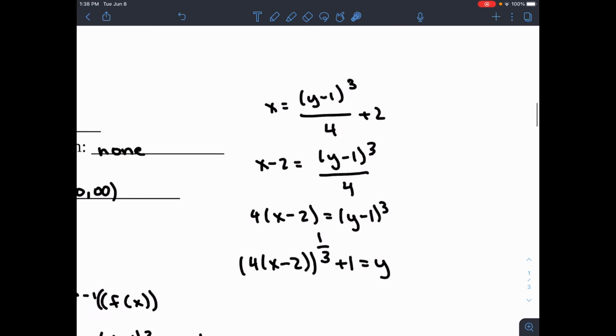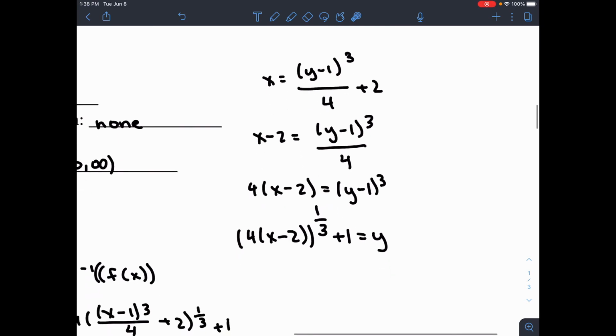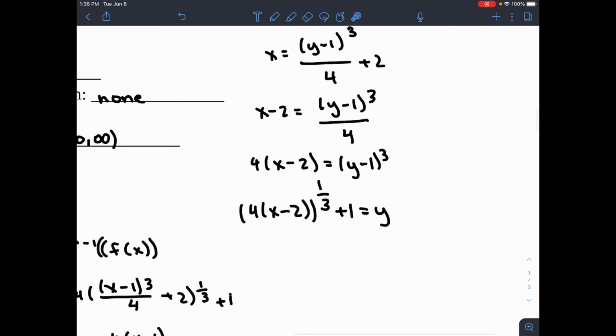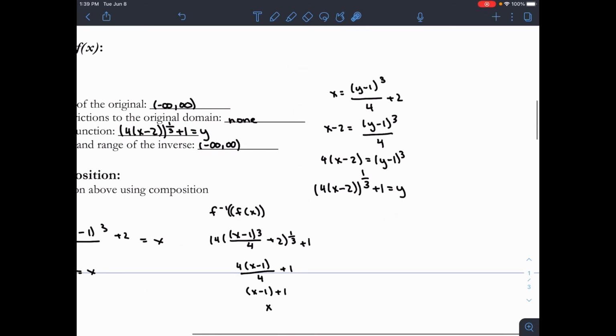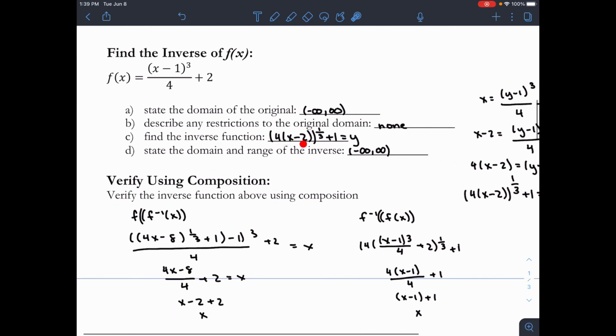And we just have to solve for y now, so subtract 2 on both sides, and then multiply by 4 on both sides, and then the exponent would be 1/3 to cancel this out. So this is our final equation, the inverse: (x minus 2) to the power of 1/3 plus 1 equals y, so that would be our inverse, which I put here.